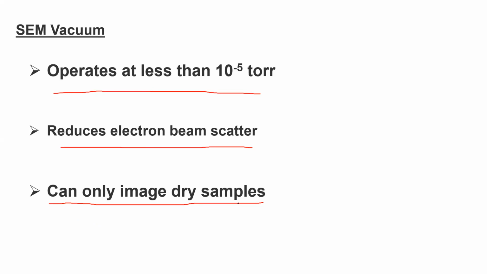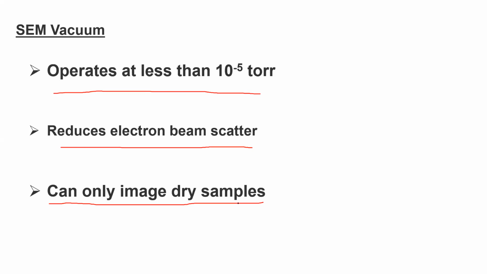If we want to look at wet samples, we need to dry them out first, and this often distorts their shape. In the traditional SEM, there are very few residual gas molecules in the SEM chamber, and the beam spot on the sample is relatively small.